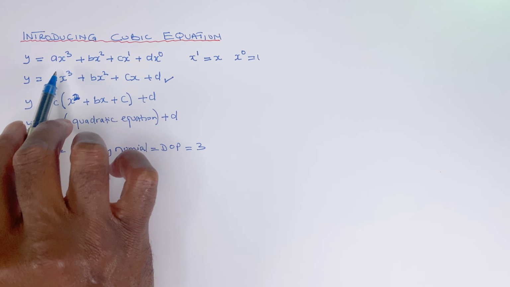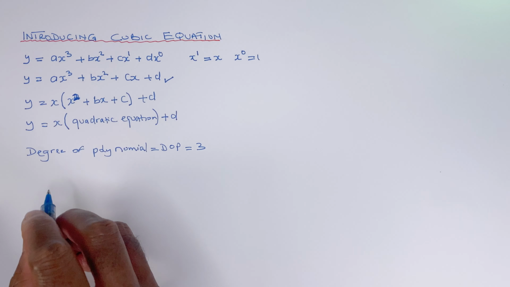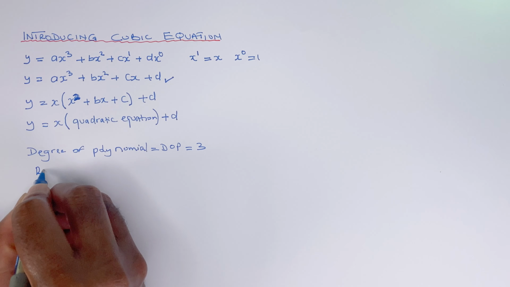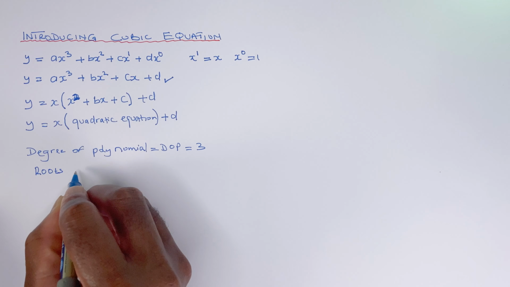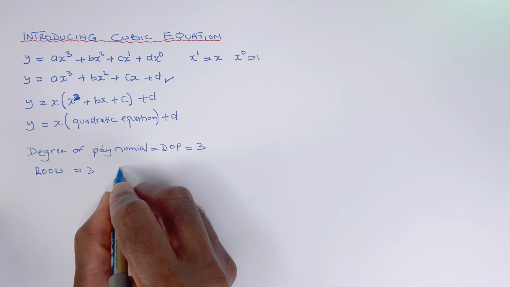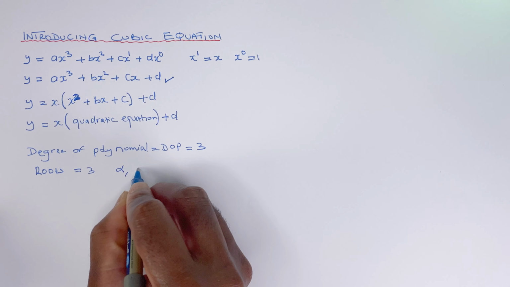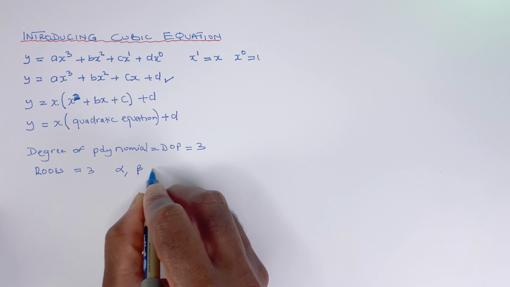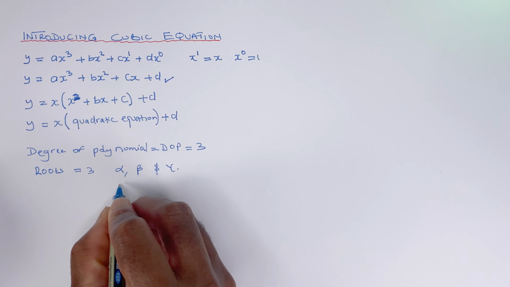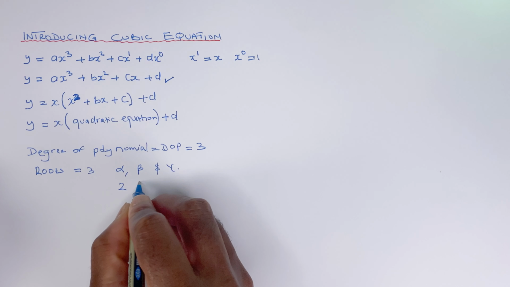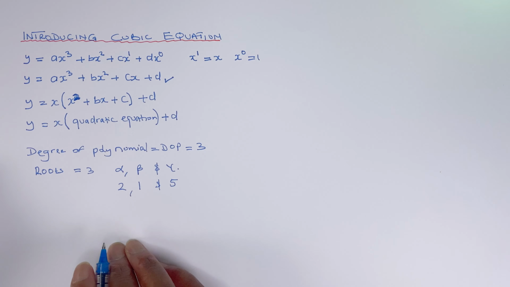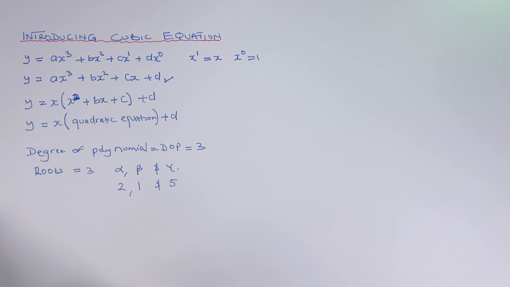That means the highest exponent is 3, and that implies that it will have 3 roots, which we can call alpha, beta, and gamma. To give an example, that could be 2, 1, and 5. So it could be any value, any number.